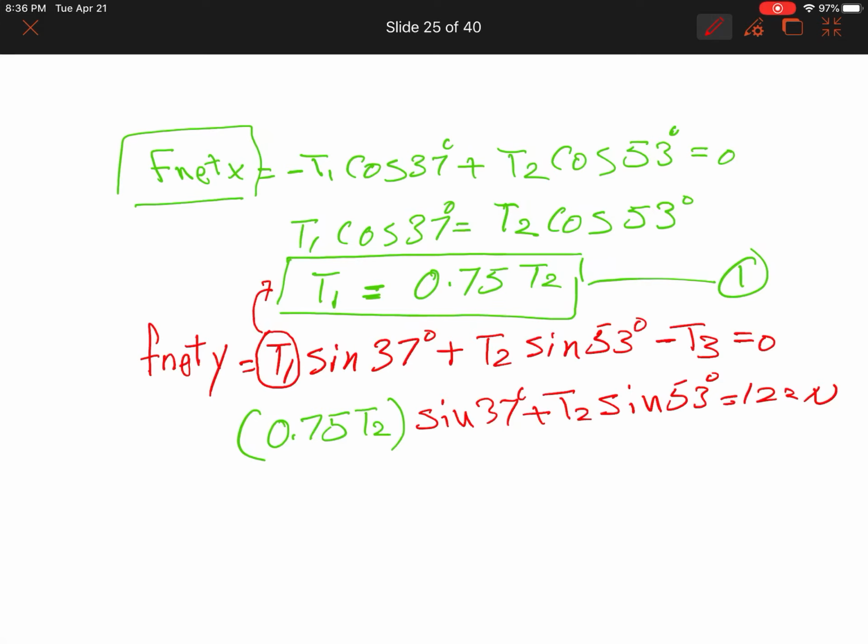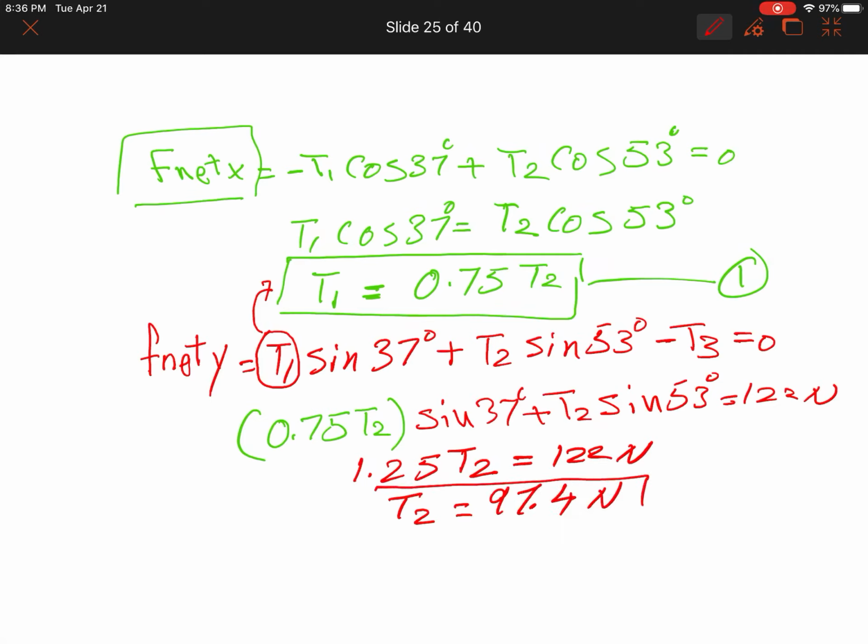By substituting, we have only one variable to solve for, which is T2. Now our life is much easier. This leads to 1.25 T2 equals 122 Newton. So T2 should equal 97.4 Newton, and that's the second part of our equation.